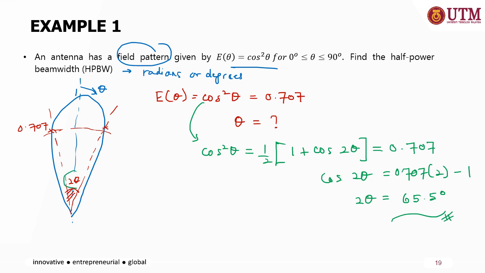So therefore your HPBW is equal to 65.5 degrees, or if you want to use radians, you can convert this into radians, and if not, you can just leave it as the degree value. Since the question asks for HPBW, you need to consider the whole 2 theta. If the question only asks for theta, then you need to divide this value by 2.